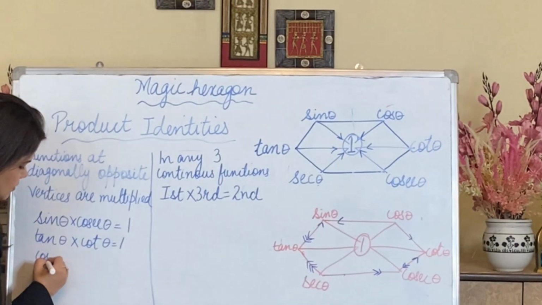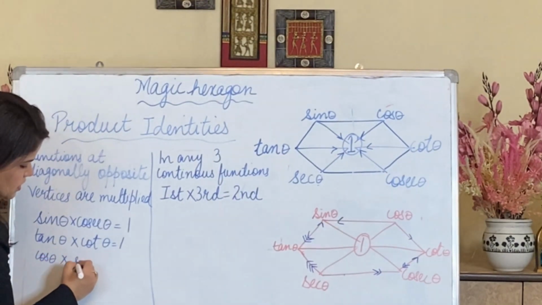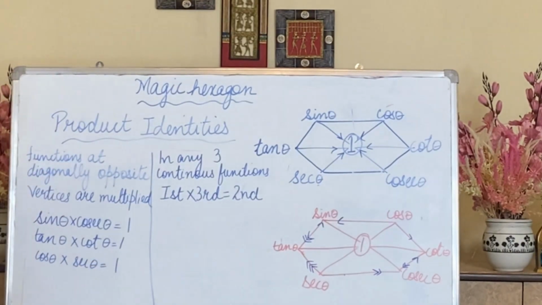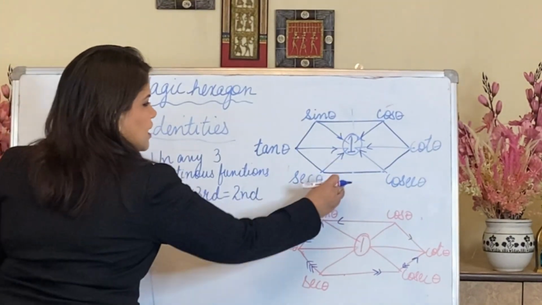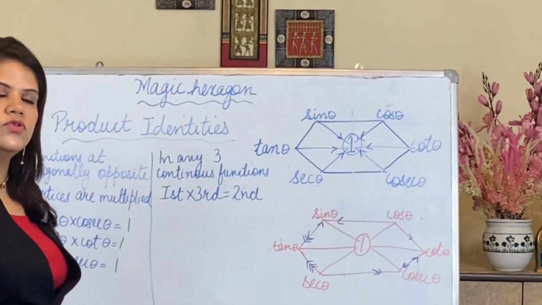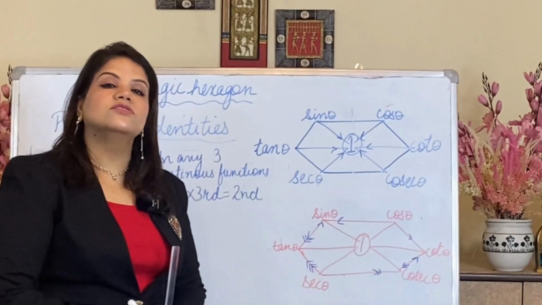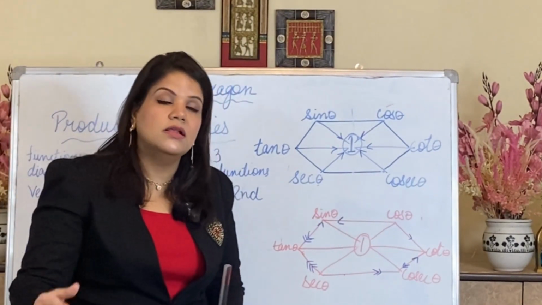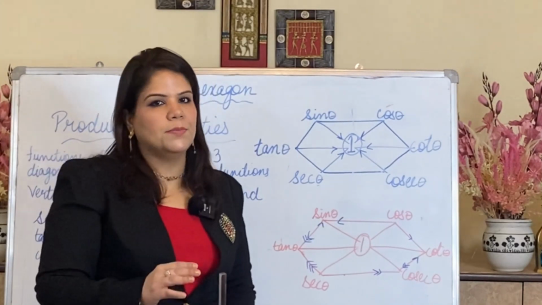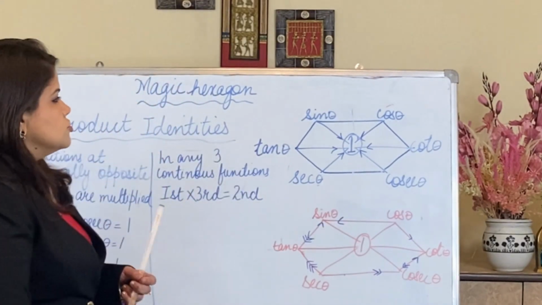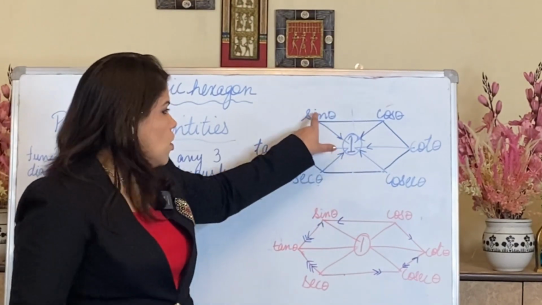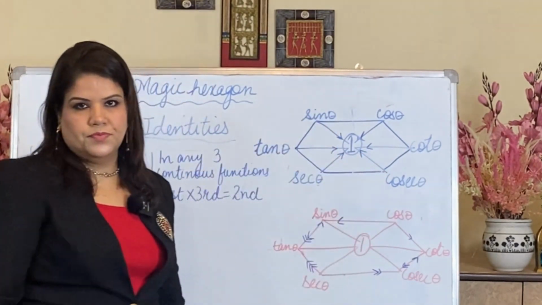Cos theta into secant theta is equal to 1. So I got 3 identities from this magic hexagon, in which I have to remember only this thing, that the functions which are at the opposite vertices of a diagonal, their product will be 1. So this one is acting as the answer of these two.